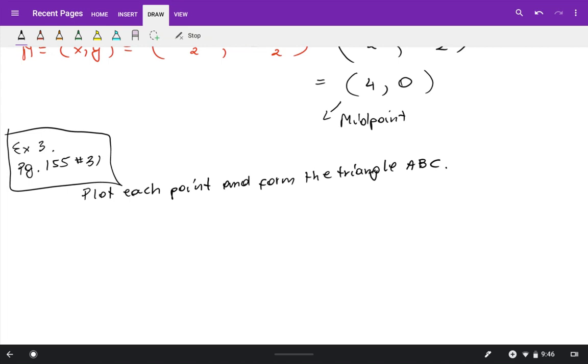Show that the triangle is a right triangle. Find its area.